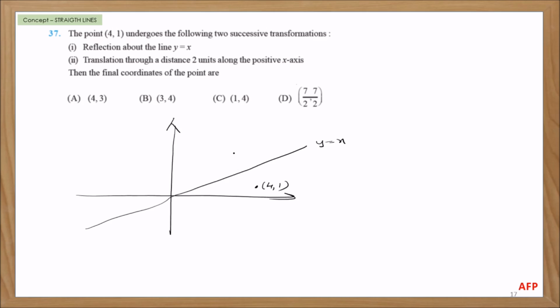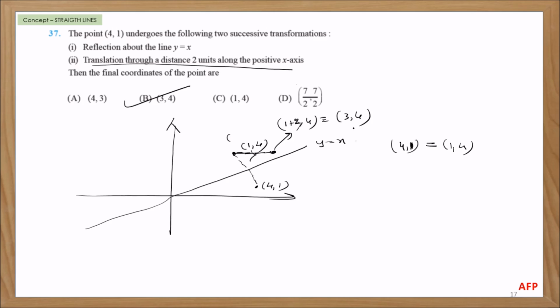Its reflection on y is equal to x will be 1 comma 4. Again this point will be translated through 2 units along the positive direction of the x-axis. So for this point we add 2, 1 plus 2 comma 4, which is nothing but 3 comma 4. So 3 comma 4 is the answer.